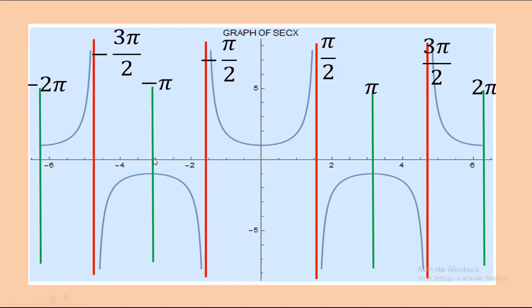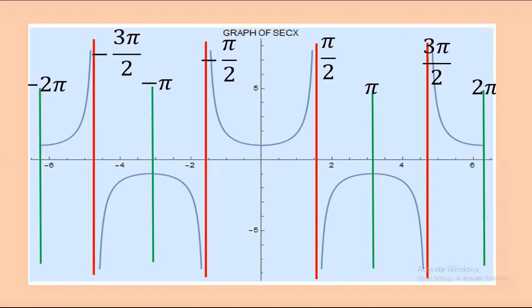So we have to subtract which portion? Below 1 and above minus 1. We have to subtract this portion, minus 1 and plus 1, as plus 1 and minus 1 are included in the range.